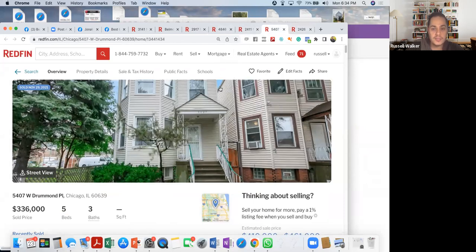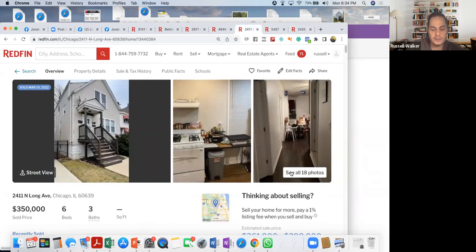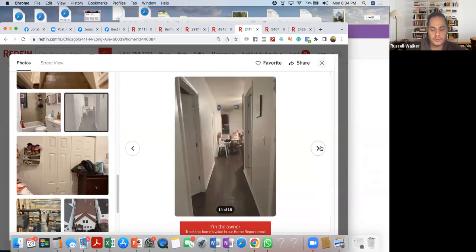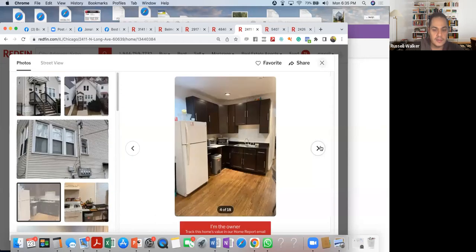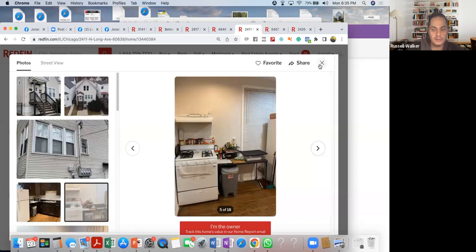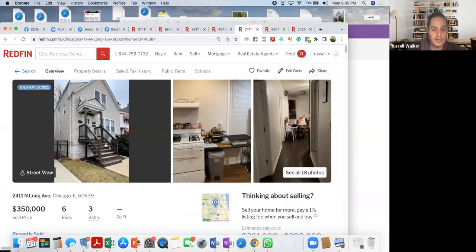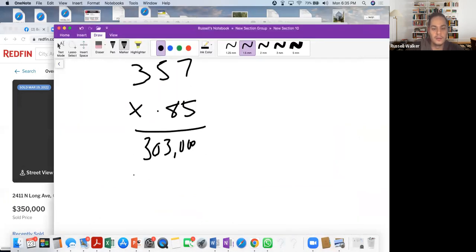So if it's in the same condition, we don't take off any rehab, right? But let's say these comps were brand new kitchens, brand new bathrooms, modern, not lived in. If that's the case, then we would have to add maybe a cosmetic rehab to the property, $20 a square foot, right? So I would say this is a zero rehab.